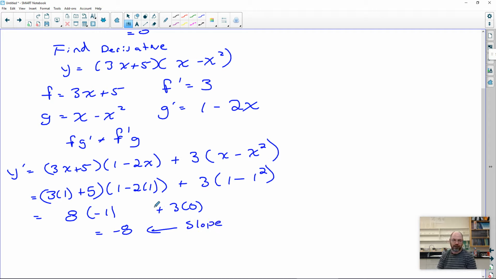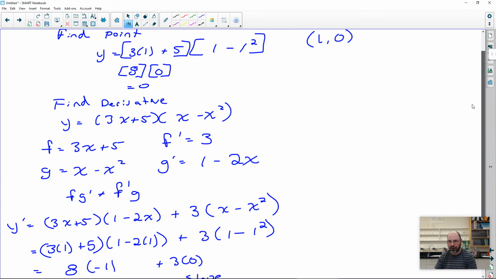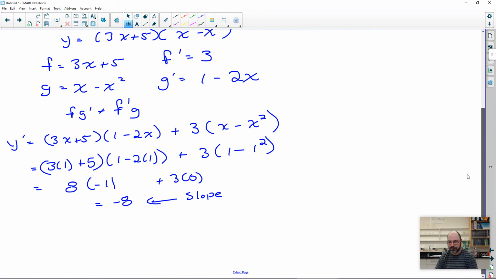So once we've got the derivative and we plugged in our value for it, and we've got our point and our slope, we've got to remember where our point is. It's all the way up here, 1, 0. So then we're going to use y minus y1 equals slope times x minus x1. Okay, and my point is, don't forget what it is, I'll write it here, 1, 0.